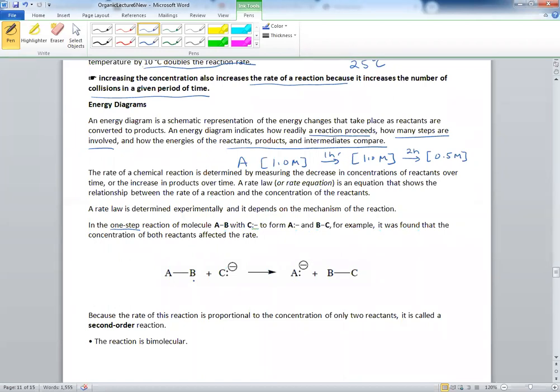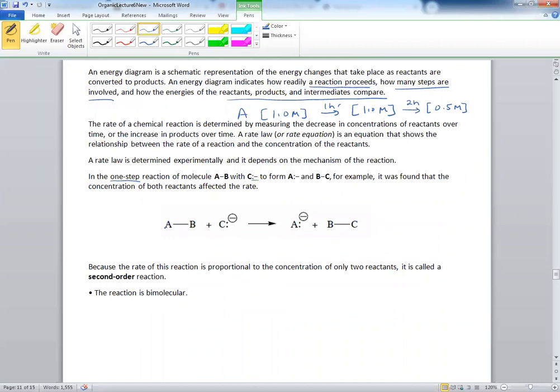This means only one thing: if you double the concentration, or let me just use words, that would be better.